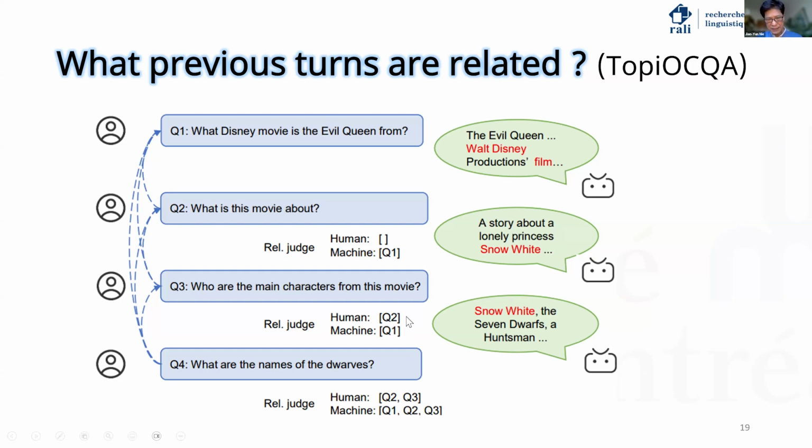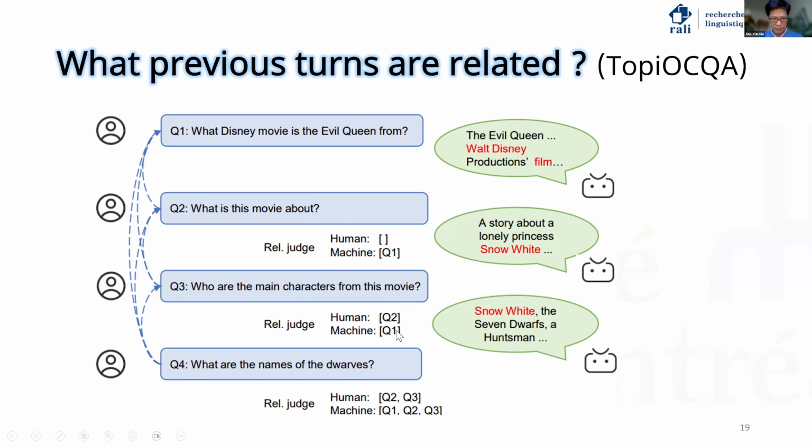But indeed, if we try to judge whether the previous query is useful to enhance search result, then we have a different annotation, a different judgment about the utility. So here we have the machine judgment according to whether the first query can enhance the second query and improve the search result. So here we can see that for the second query, it is useful to include Q1 to enhance Q2.